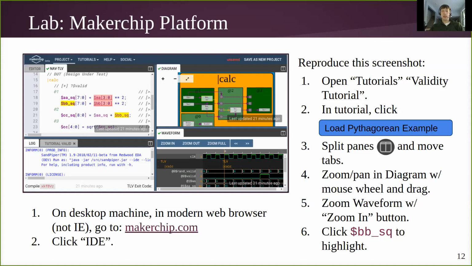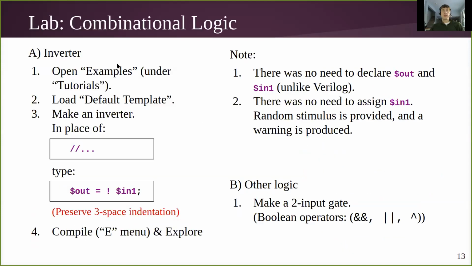And we've got another 2 quick labs that you can do inside the Makerchip platform. Okay, so now that you're familiar with the Makerchip platform, the next lab exercise is just a quick lab exercise to let you code some very simple combinational logic, essentially some logic gates, starting off with an inverter with this expression here.